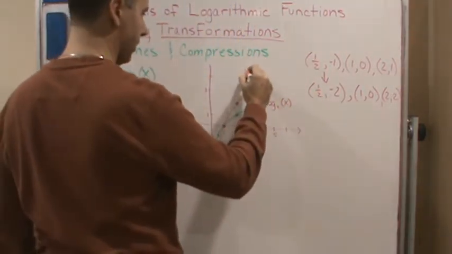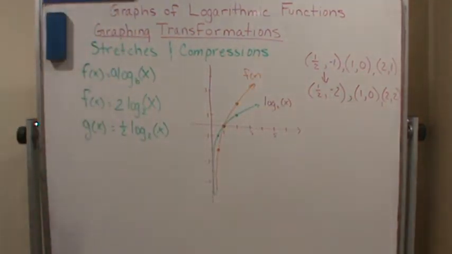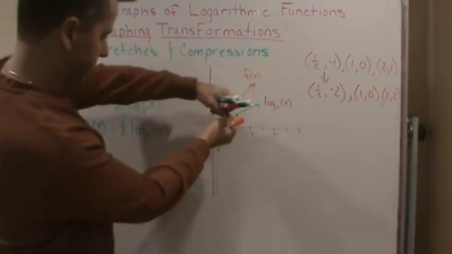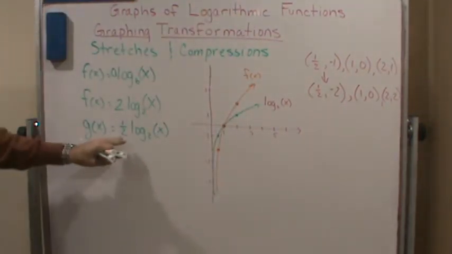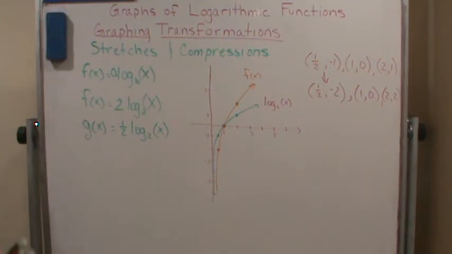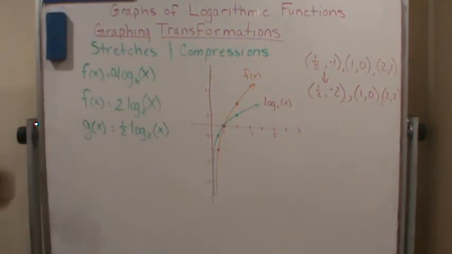Okay, so here's f of x. So see how it's stretched, right? Now, what if I take it and go by 1/2 now? So now I'm less than 1, but bigger than 0. So what's going to happen in this case?